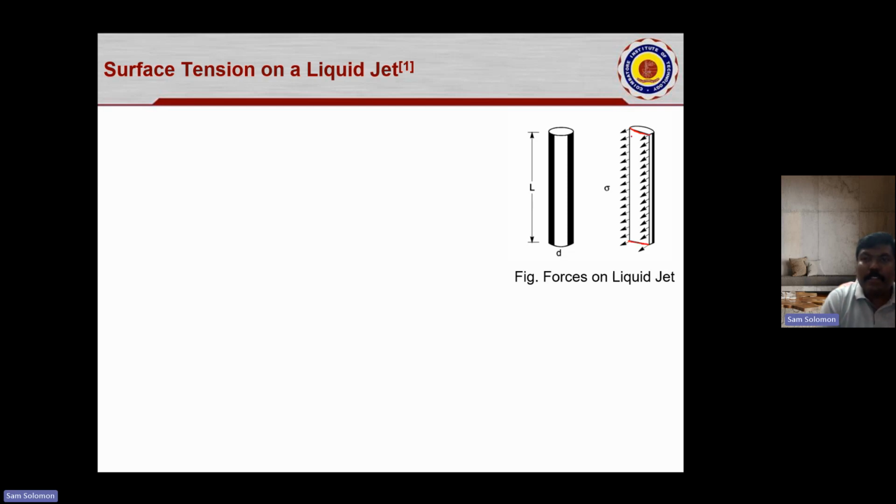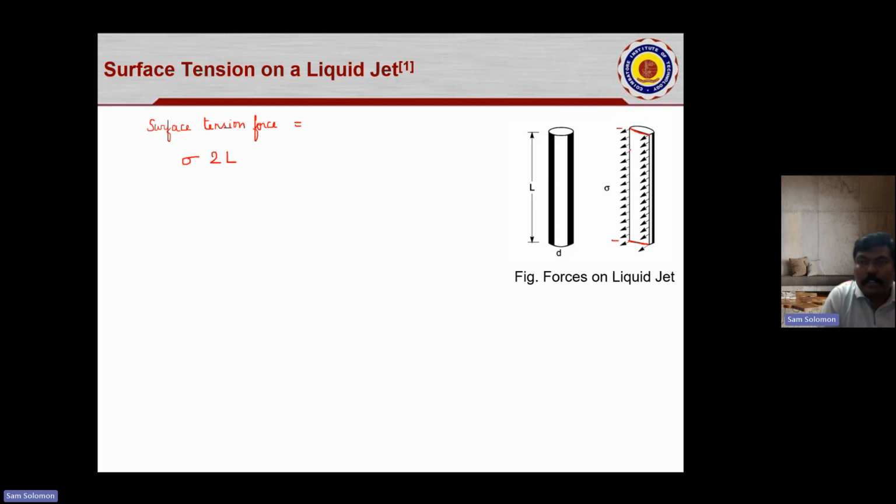And you can see the surface tension force acting on the sides of this rectangle. So the surface tension force is going to be along the length; you have the length on two sides.